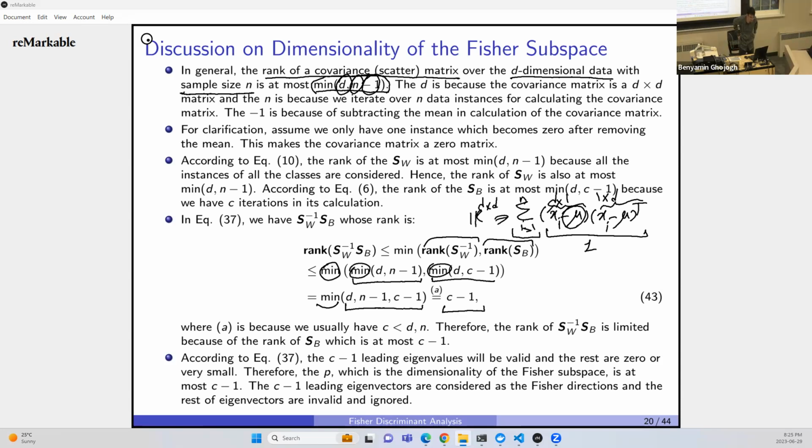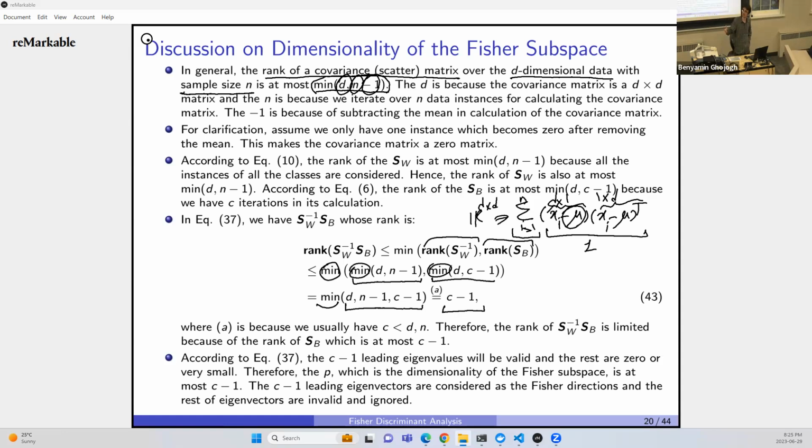What was the solution of Fisher discriminant analysis? The eigenvectors of SW inverse SB, whose rank is at most C minus 1. This means that the upper bound on the dimensionality of the subspace is C minus 1. It means that after C minus 1, all of the eigenvalues are almost 0. If you draw the scree plot, after C minus 1 eigenvalues, they're very small.